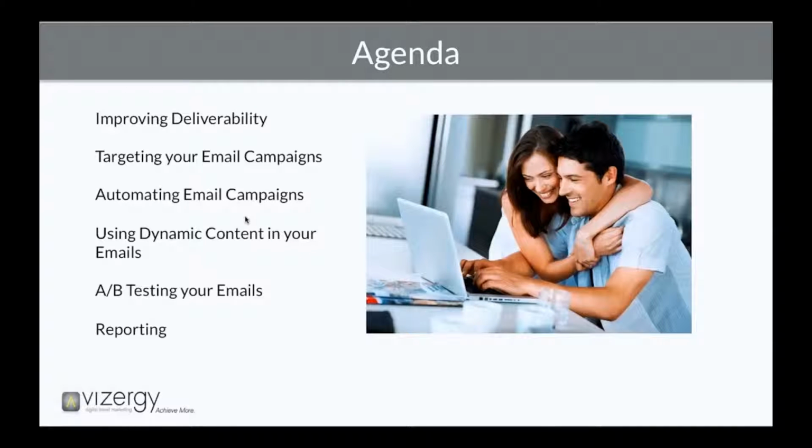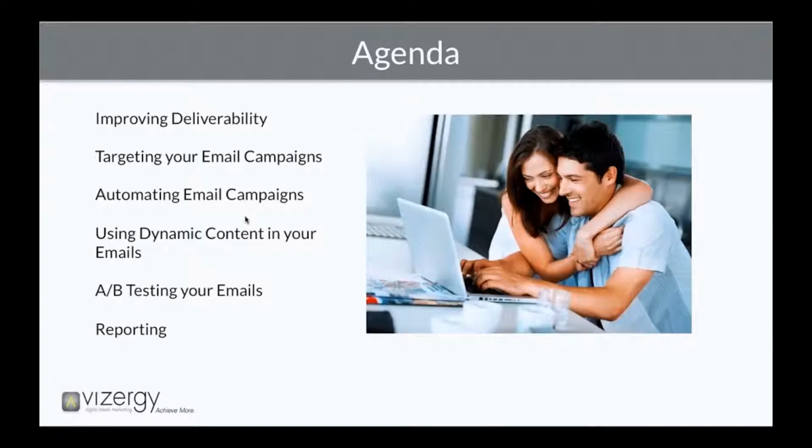Targeting your email campaigns, making sure that you're taking your group and your data and you're segmenting those lists based on information you've gathered from your customers, from their interests to their zip code.